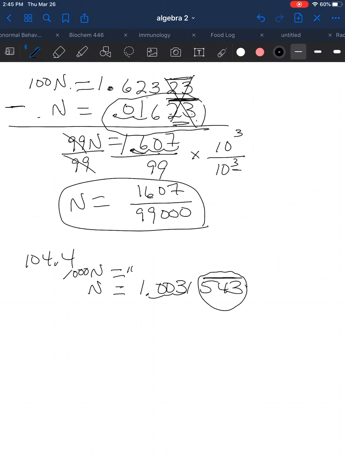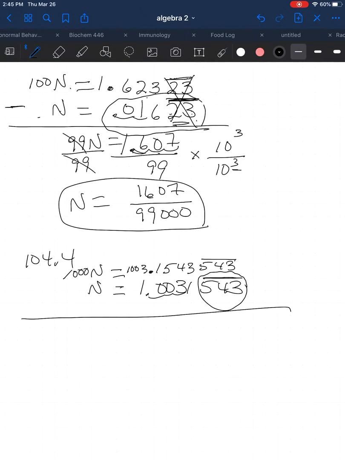So the new equation will be 1,003, line up the decimal, 1,543, and then 543 as many times as we need it, because it is a repeating decimal.